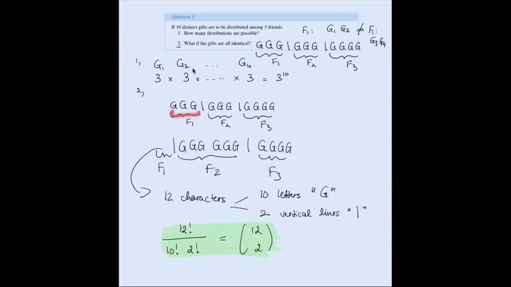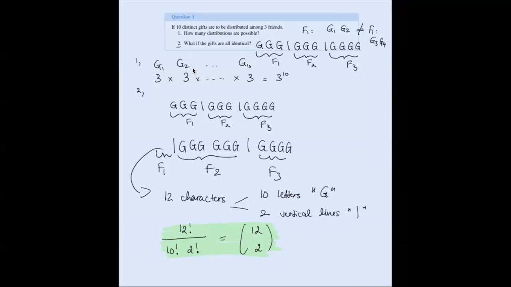Like here, I think of friend 1 as 1 placeholder, friend 2 as 1 placeholder, friend 3 as 1 placeholder. And then all the objects that I'm trying to fit in each placeholder are identical. So that's why you should use this formula.